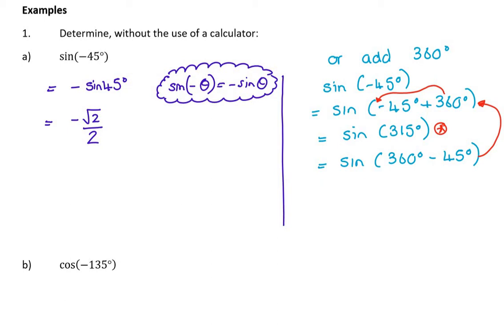So in future, I'm going to write my 360 degrees first, because then I can say 360 degrees minus 45 is quadrant 4. So this is negative, and it's sine of 45. And now I can finally say that that's negative root 2 over 2. Okay, so we've learnt a lot of things there. We've learnt that I should probably put my 360 degrees first, because then I can go straight to reduction.